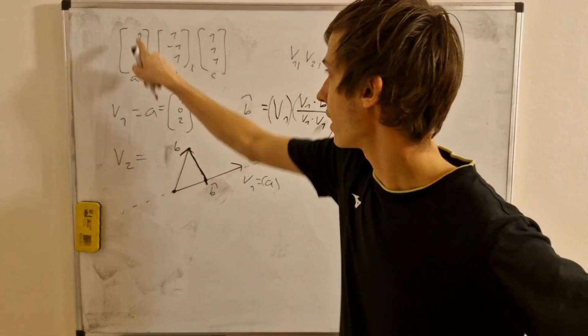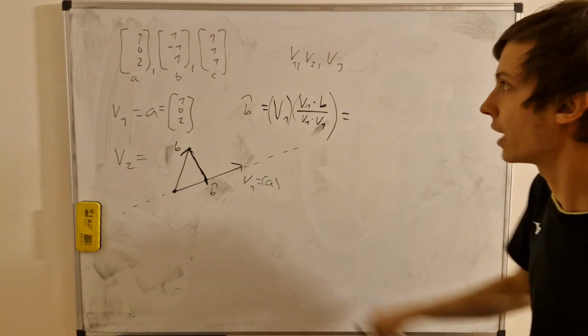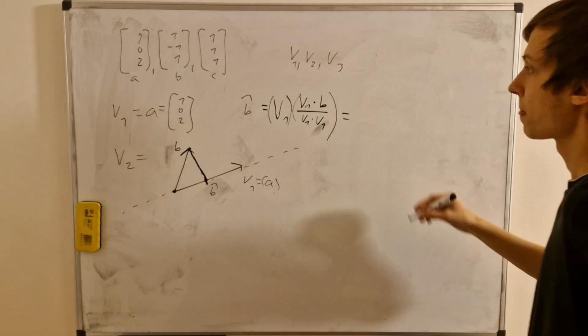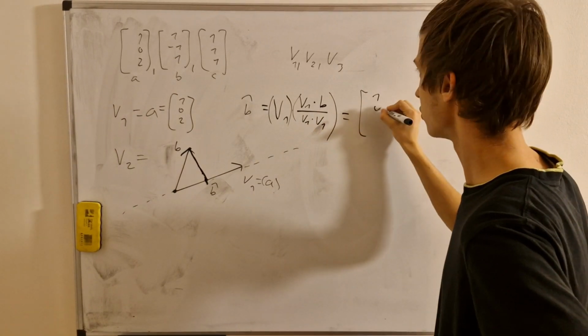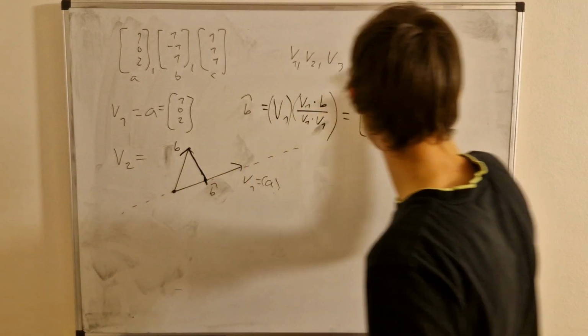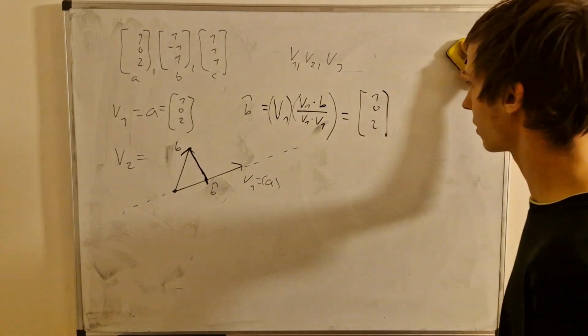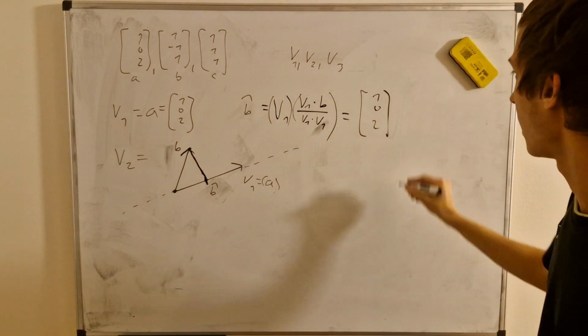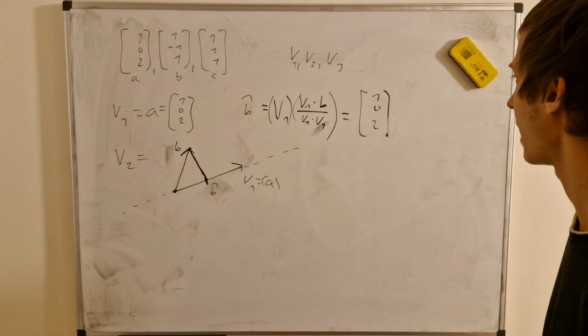Now I plug the information in. I know V1 is actually A, so I can straight out use this, and B, I just use the one that is here. And that is 1, 0, 2, and then these dot products. I will just do the dot products as a number and not write them all out, because it would take so much time. And they're also small numbers, so it's possible to do in the head.